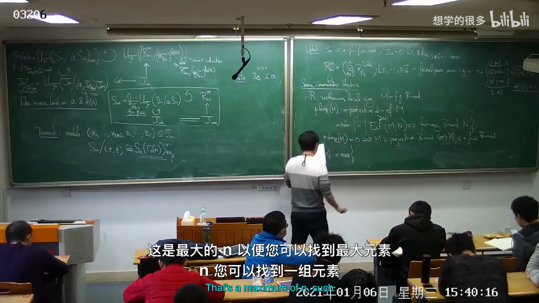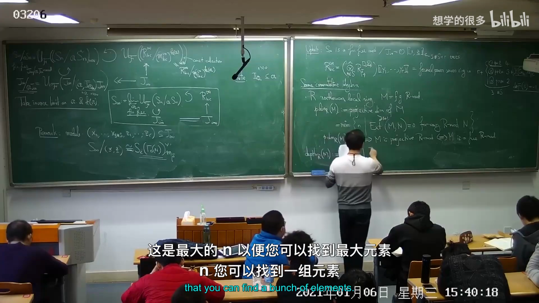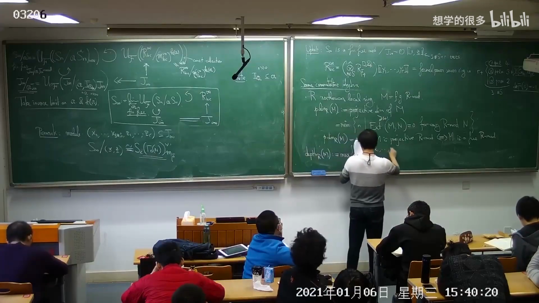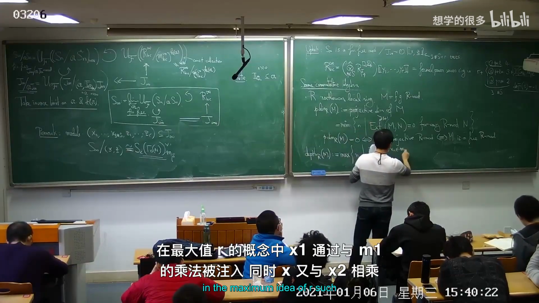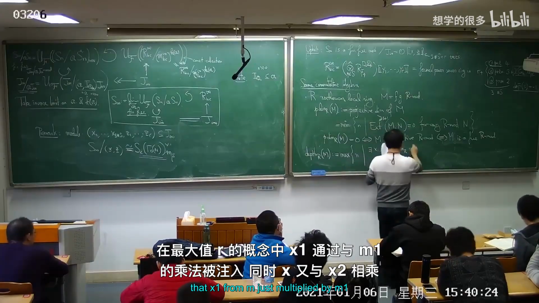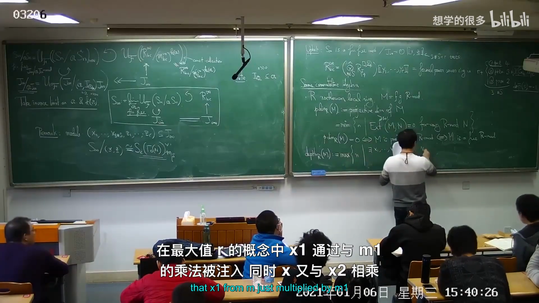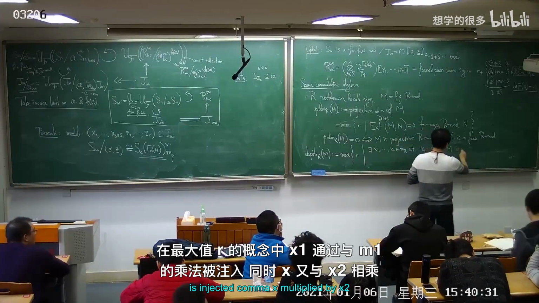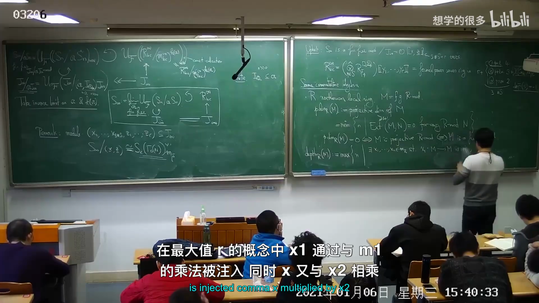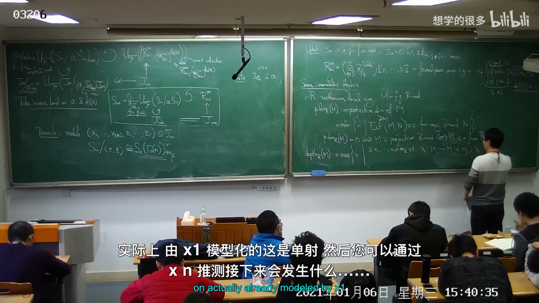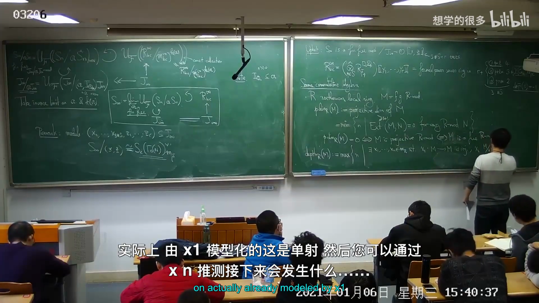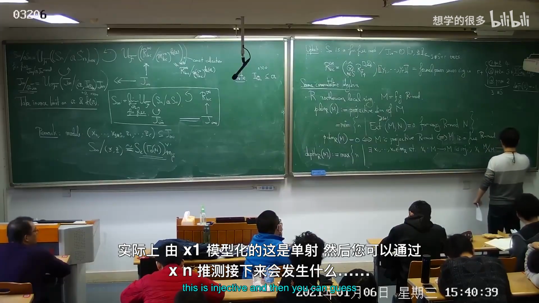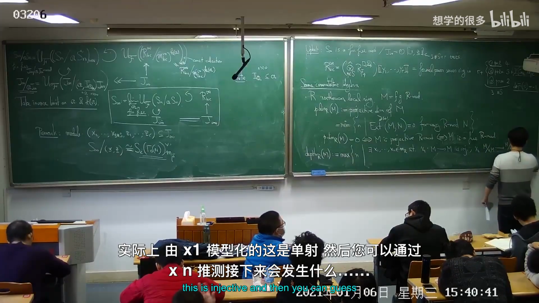That's the maximum of n such that you can find a bunch of elements x1, ..., xn in the maximal ideal of R, such that multiplication by x1 on M is injective, comma, multiplication by x2 on M modulo x1 is injective.